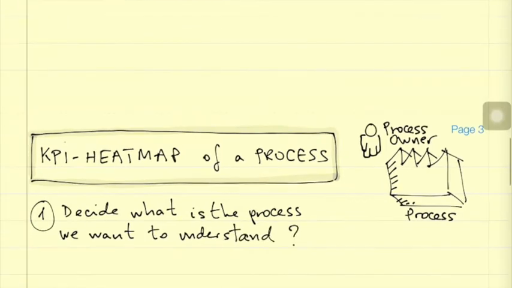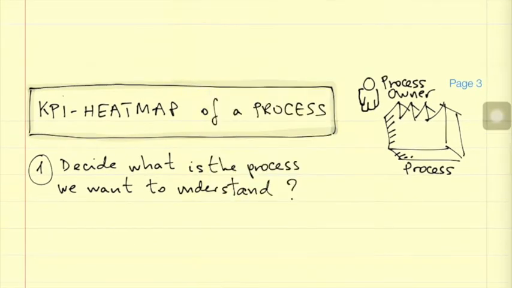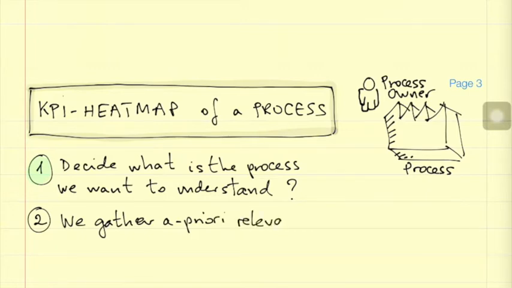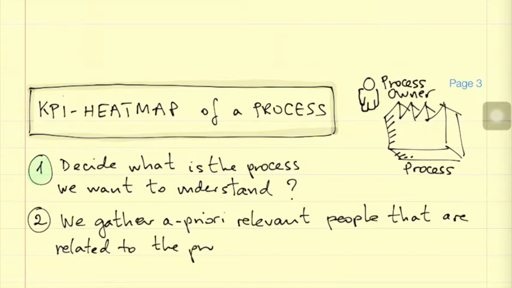Okay, once we have decided what is the process that we want to understand, what we do is we gather, a priori, let's say we take the factory, okay, relevant people that are related to the process in a meeting.